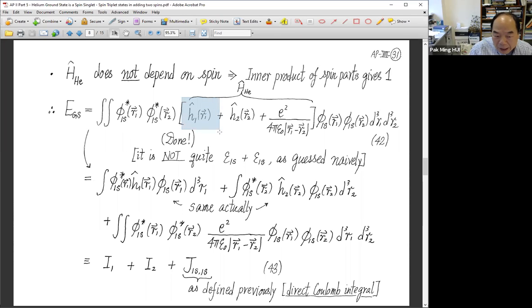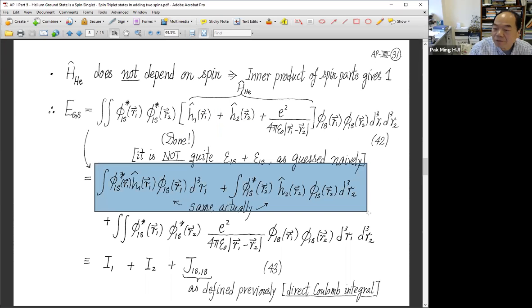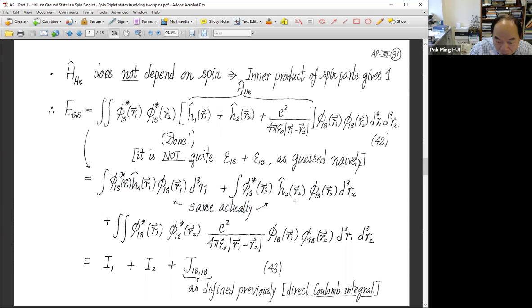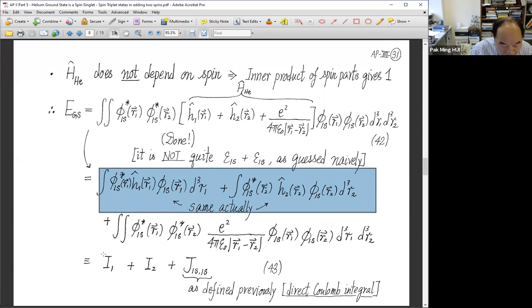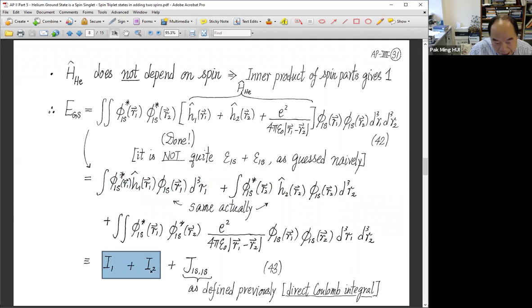Now this is electron 1 kinetic energy seeing the nucleus potential energy. This is the number 2, so these two terms are easy to do. And if you regard this as the dummy integration variable, in fact, I don't care what the value is, they are the same. I just called it I1, I2. Should be 2I1, they are the same.